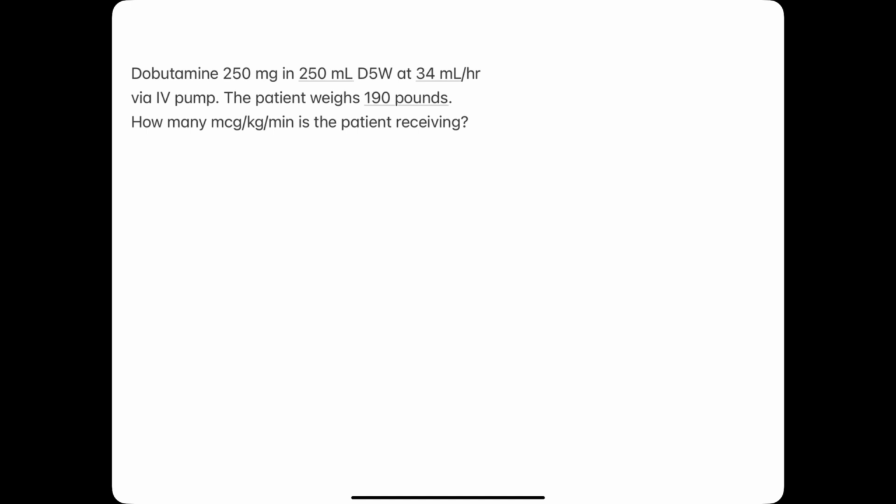The patient weighs 190 pounds. So the question is, how many mcgs per kg per minute is the patient receiving? So what I like to do is find out what my answer needs to end in. So our answer needs to be in mcg per kg a minute.